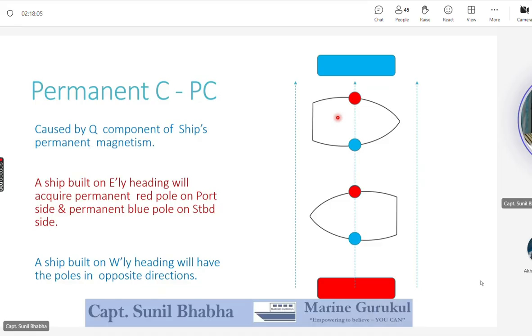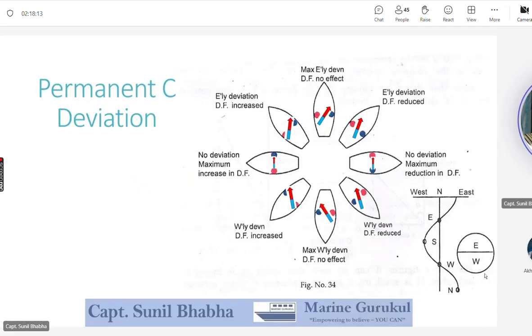Moving ahead now, beta. Let's now try to understand the deviation caused by coefficient C, that is permanent C. Now we are considering a ship which is built on an easterly heading.